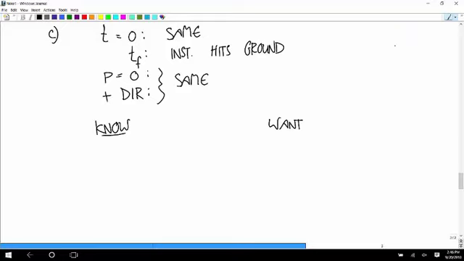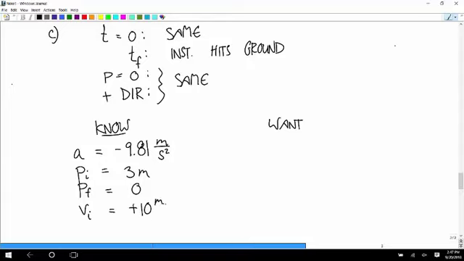So we don't know time final. We know the acceleration. We know the initial position is positive 3 meters. We know the final position. What's the final position? 0, yep. We know the initial velocity is positive 10 meters per second. And we want the final velocity.